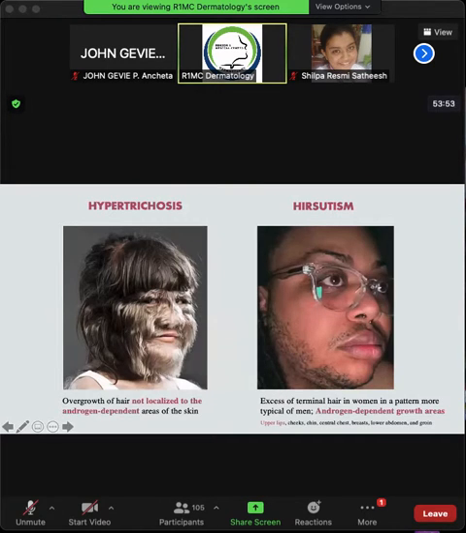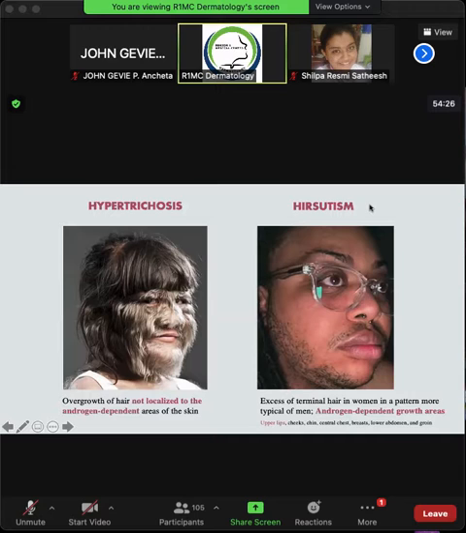And then again, the difference between your hypertrichosis and your hirsutism. So for your hypertrichosis, again, these are overgrowth of hair not localized to the androgen-dependent areas of the skin, while for your hirsutism, these are actually noted on androgen-dependent growth areas, such as your upper lip, which is the most common, your cheeks, your chin, central chest, breasts.